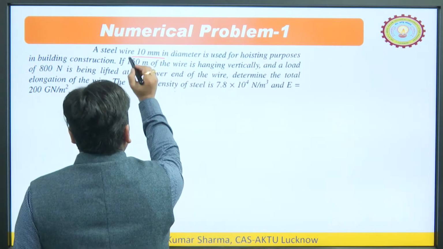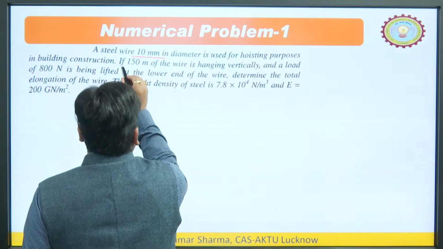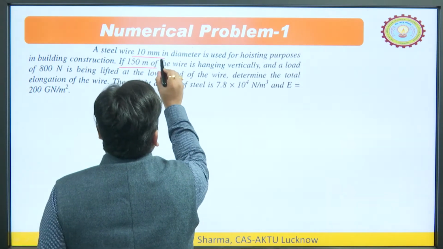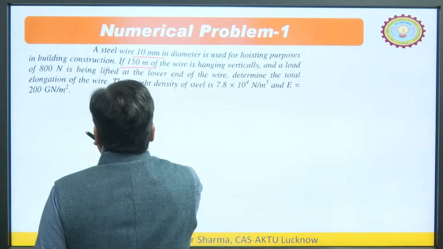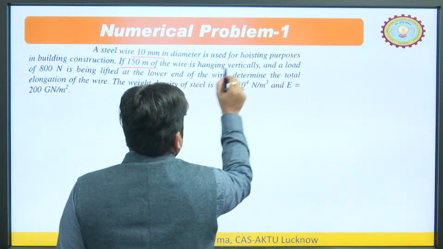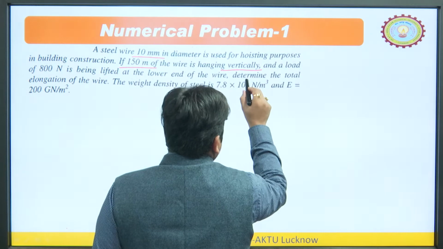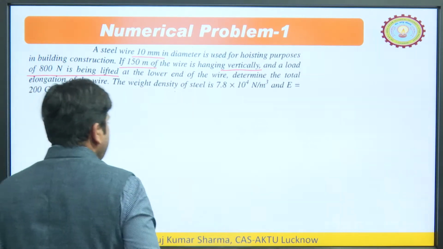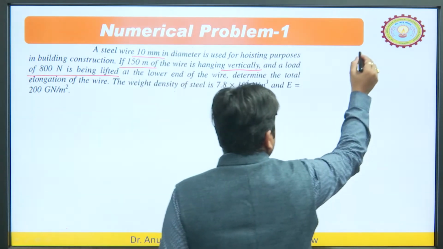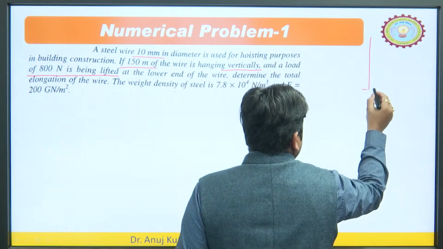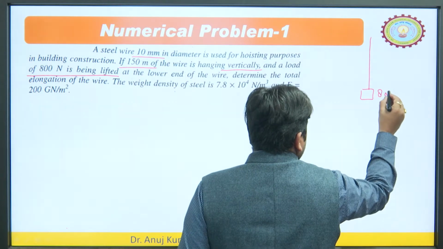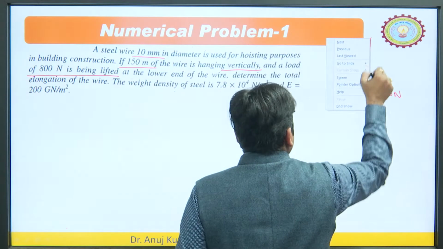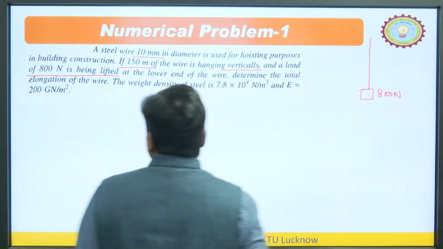So, let us first note down the inputs we have been given. The length is given, the steel wire diameter is given, right, and it is hanging vertically. And a load of 800 Newton is being lifted. So, there is a wire, and some load of 800 Newton is there. This is the wire whose length is given, its diameter is given.